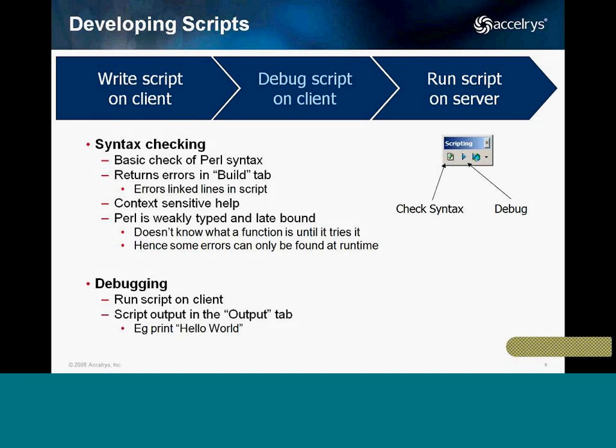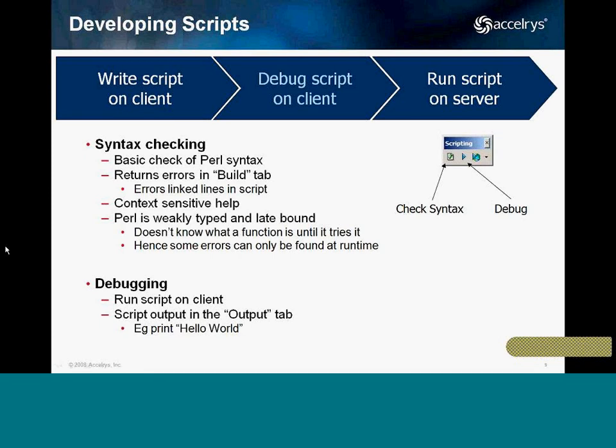So if, for example, you've missed a semicolon off the end of a line, you'll get an error. Or if you have mistyped a command, you will get an error in some cases anyway, some of the Perl commands. And so all this does is it returns these things in this output tab, and you can have a look and see, and again it links back to those errors so you can look and see what's going on.